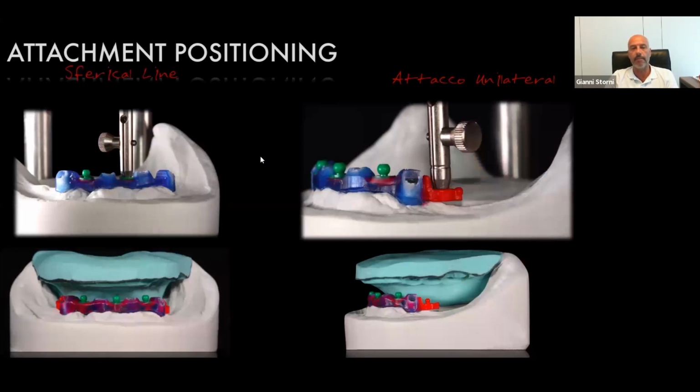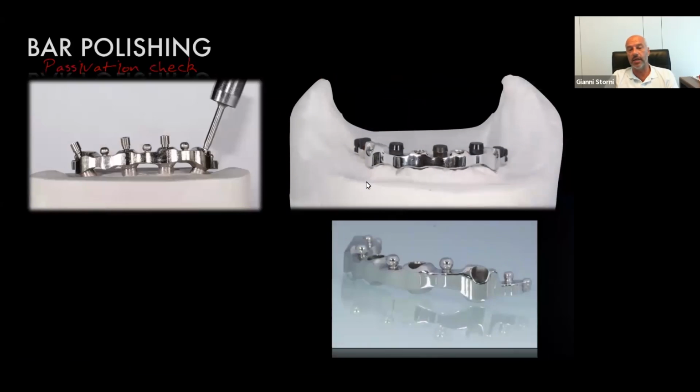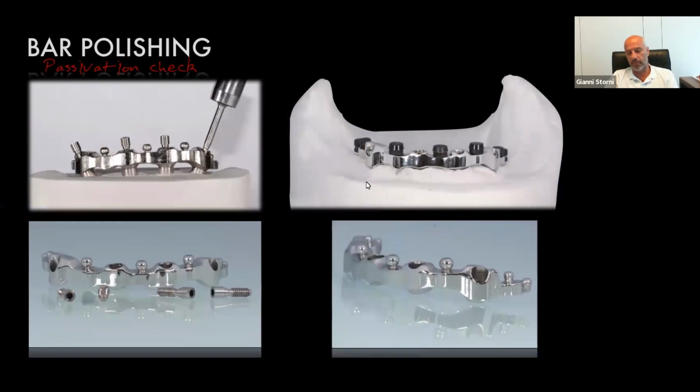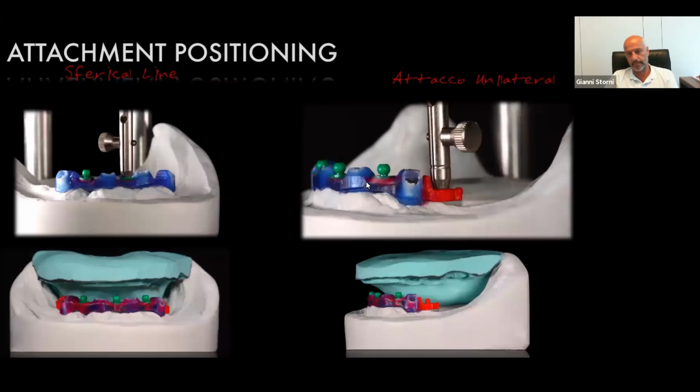So the technician has used 3 attachments in the anterior, and to extend the bar without overload, we have one attachment that is called unilateral, that is made to be used only on one side, but can also be used distally of the bar.